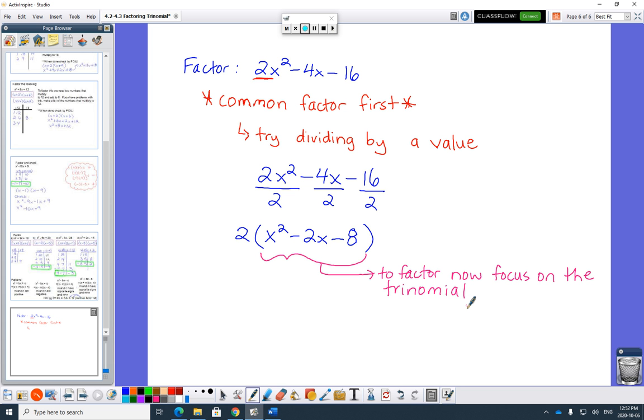So you can't ignore the 2 totally. You can't not write it down. But we're going to focus on the trinomial. So we're going to do the same things. 2 numbers that multiply to negative 8 and add to negative 2. We're going to leave that 2 there, but we're not worried about it. Okay? So we're just going to focus on this b value and this c value.